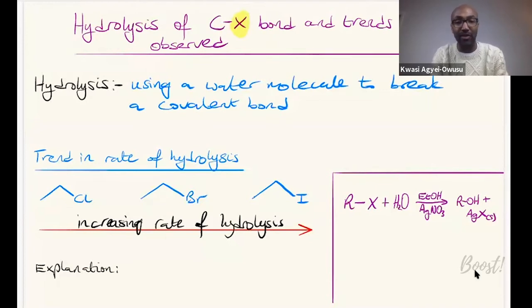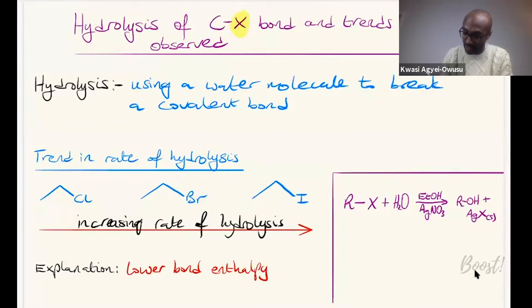And it turns out that as you go down the group, as you go from chlorine to bromine to iodine, the bond energy or the bond enthalpy is reduced. Okay, so we should make that point here. So we've got lower bond enthalpy as the halogen gets bigger.